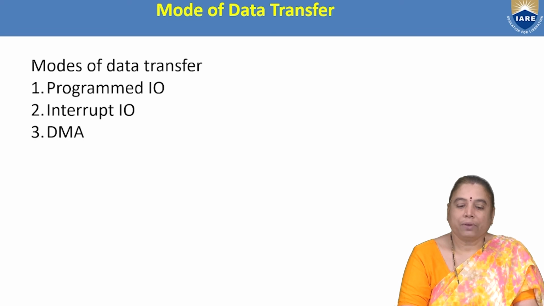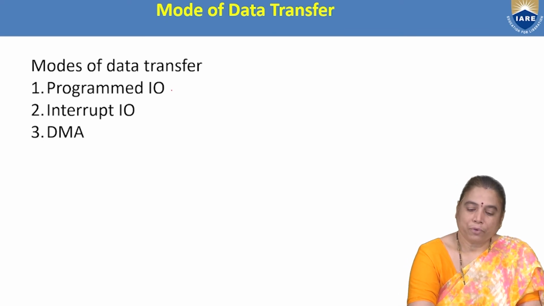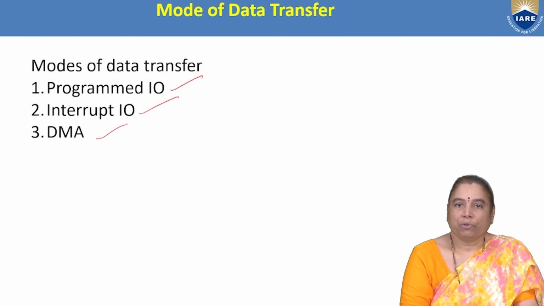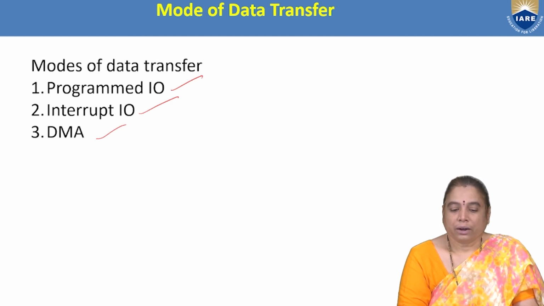And there are three varieties of data transfer. The modes of data transfer are programmed I/O, interrupt I/O, and DMA. Programmed I/O means that with the help of software and by checking the status of the status register, the data transfer operation is controlled.